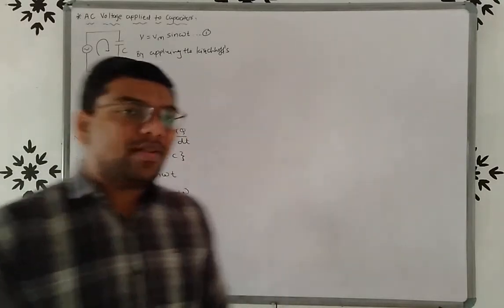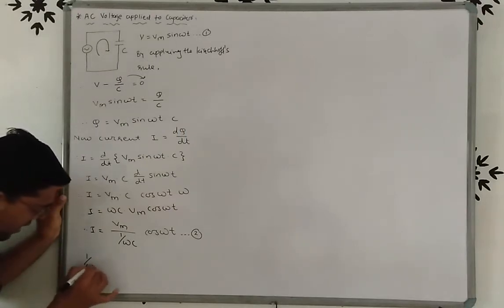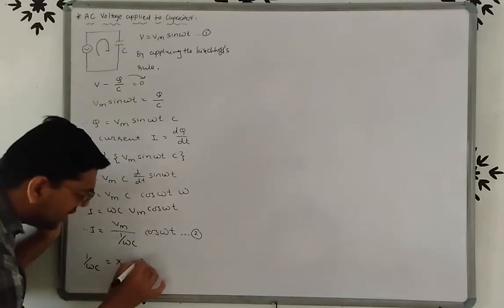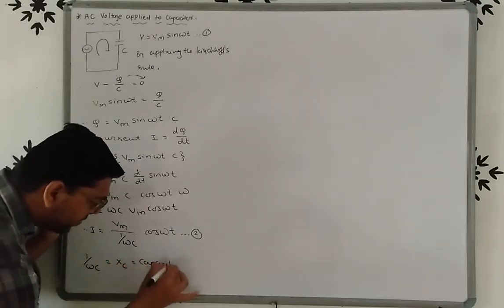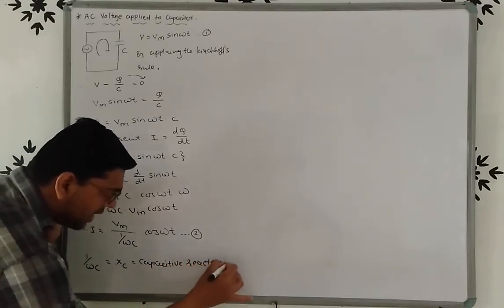So here we can write that 1 upon omega C is equal to Xc, which is known as capacitive reactance.